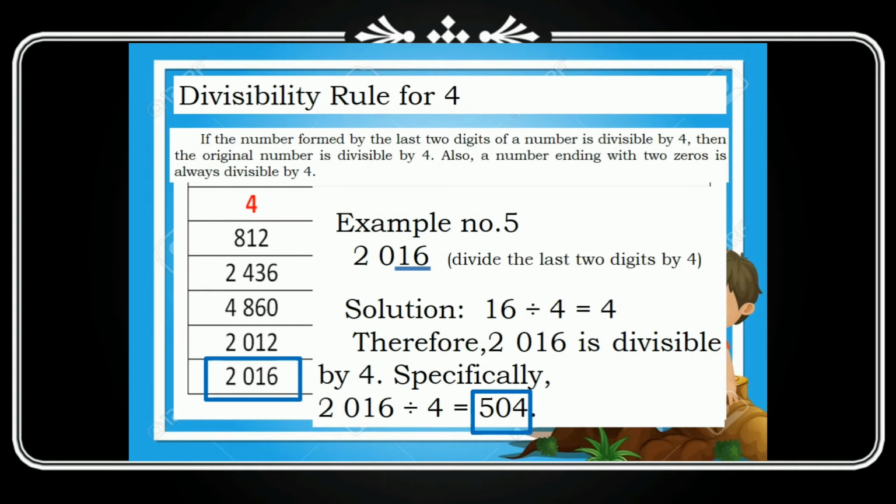Example number 5 is 2016. Divide the last two digits by 4. 16 divided by 4 is equals to 4. Therefore, 2016 is divisible by 4. 2016 divided by 4 is equals to 504.